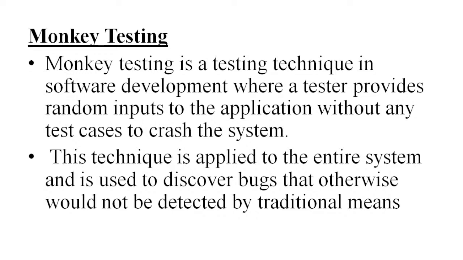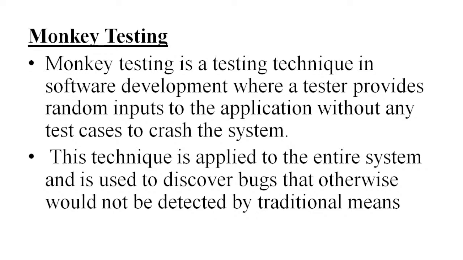The companies can give the entire details, but without using those details, the testers can give some random input to the application. Without using the test data given by the company, the testers make random input to the application.